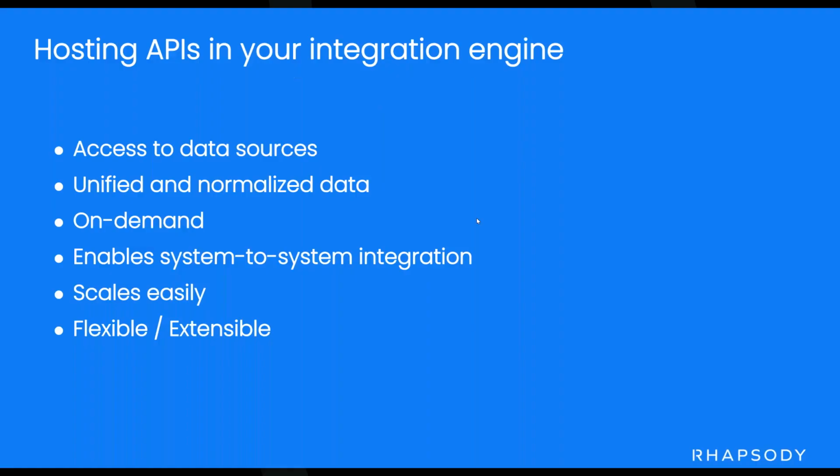So as we talk about hosting an API in your engine, here are some points to consider. Again, your engine is in general in the middle of a lot of data, and hopefully people in your facility are aware of that. When they are, they can come to you with requests for consolidating that data. So access to the data sources makes this an ideal place to be thinking about hosting an API. Unified and normalized data: we might have more than one source.